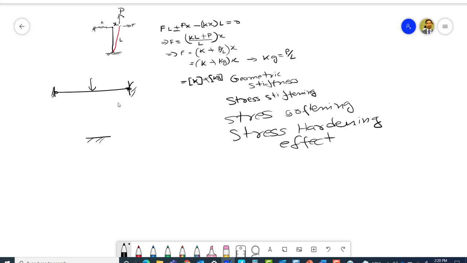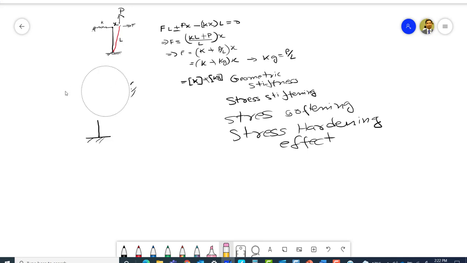On the other way, if this is considered as a slender stick, just like a broomstick, and if you apply immense pressure at its top, then you might have noticed just by applying a slight nudge would destabilize this stick. That means due to this huge magnitude of the axial load, there is a stress softening effect, resulting which there is a very little requirement of lateral force to destabilize or collapse this system. So from here, we would derive the P delta kg and its involvement in the entire P delta solution path.